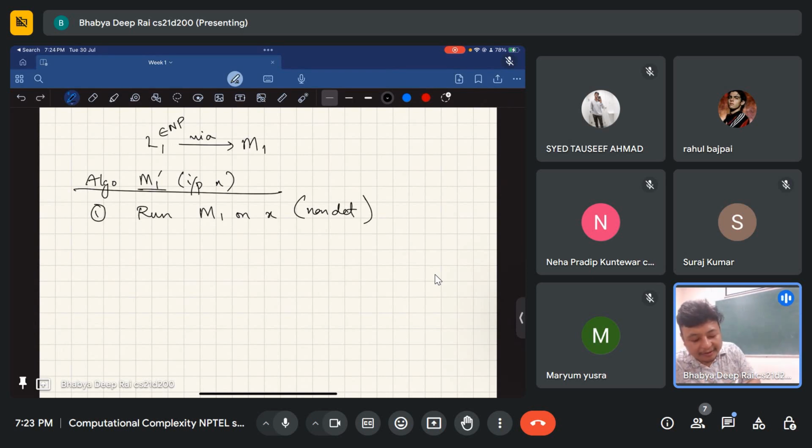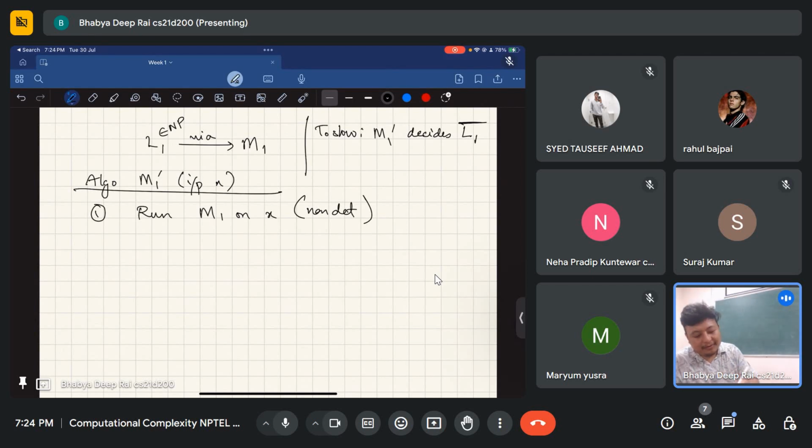I'm trying to create another non-deterministic Turing machine, and what I want to show is that M1 prime decides or computes L1 bar.